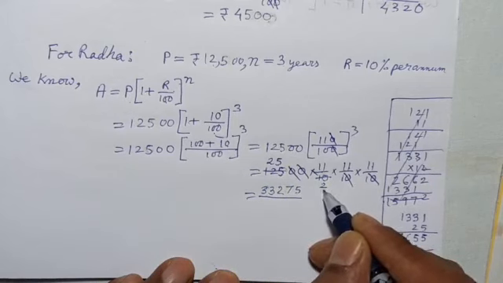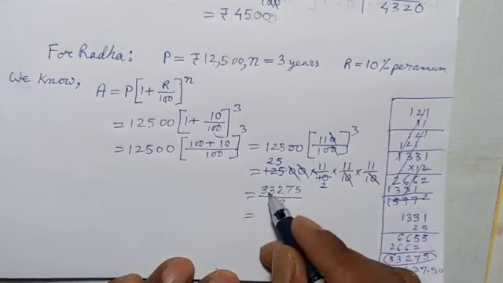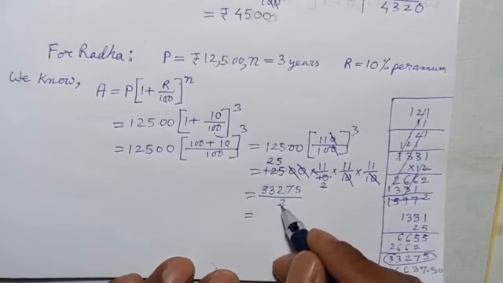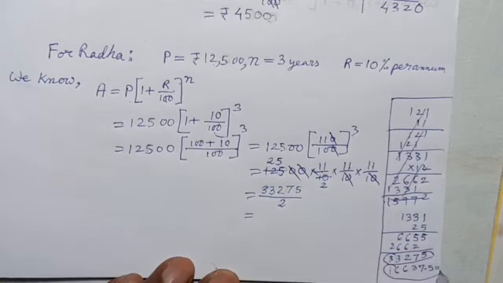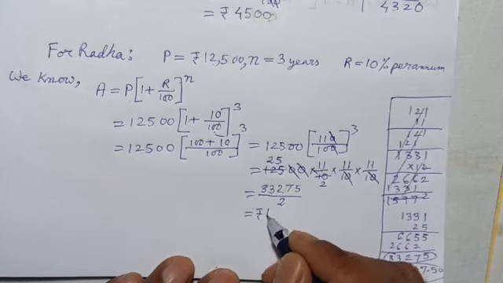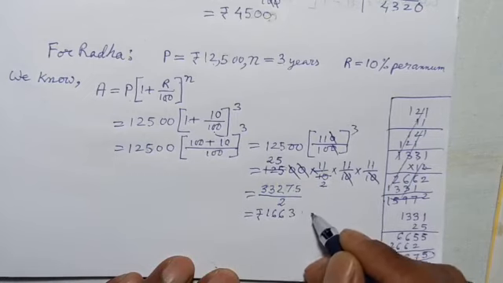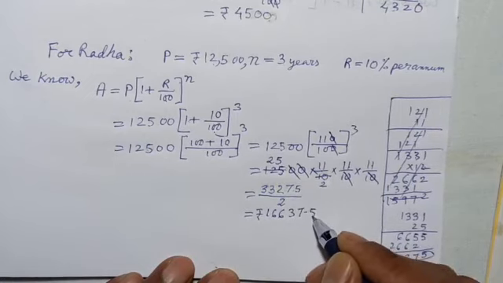In the denominator 2 is left. So if we divide 33,275 by 2, then we are getting rupees 16,637.50.